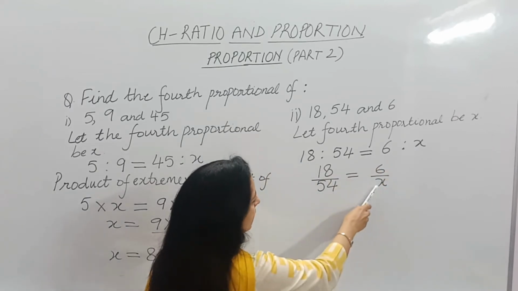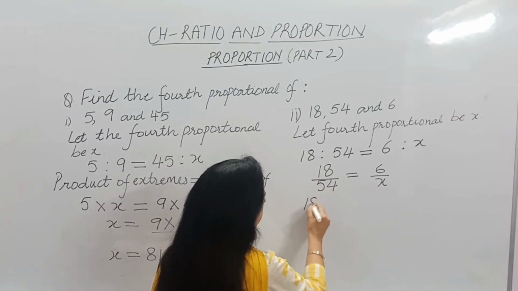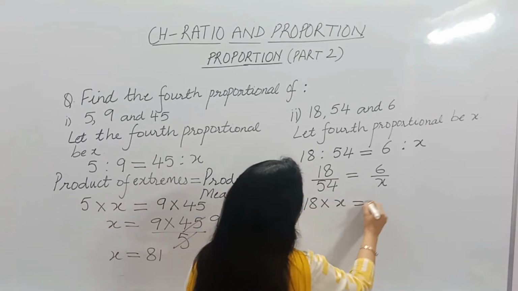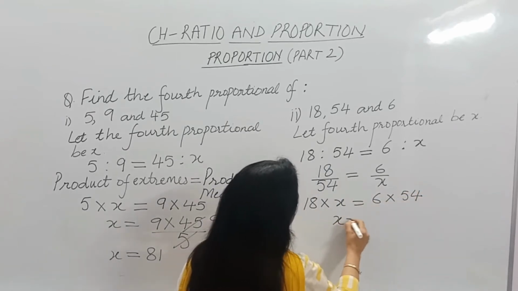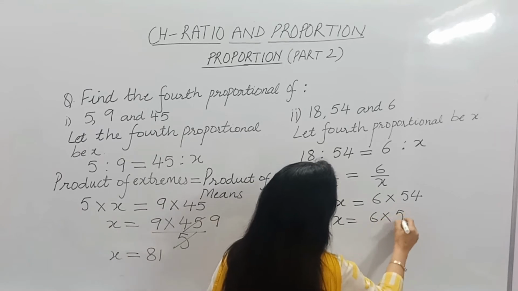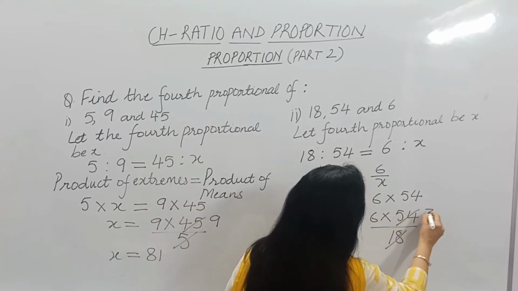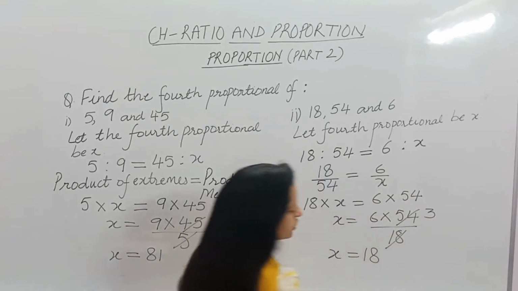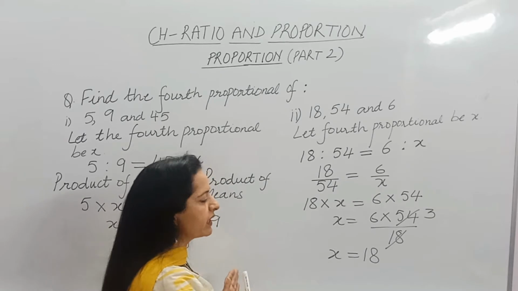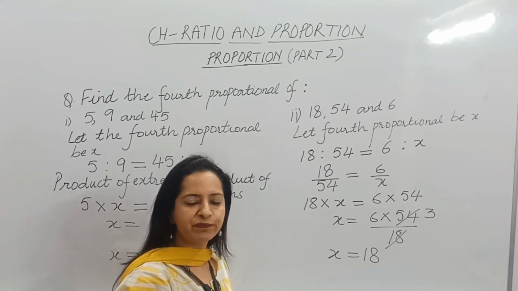We can cross multiply: 18 into x is equal to 6 into 54. So x is equal to 6 into 54 divided by 18. We can cancel 18 and 54 by 3, and x is equal to 18. So I have explained both the methods, using the formula and without using the formula.